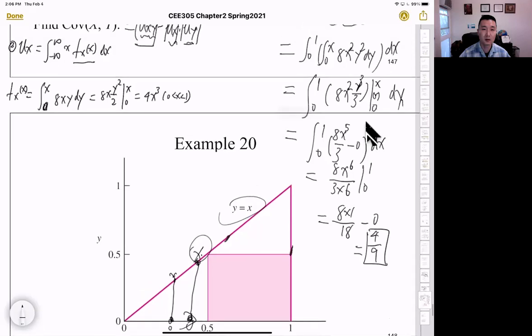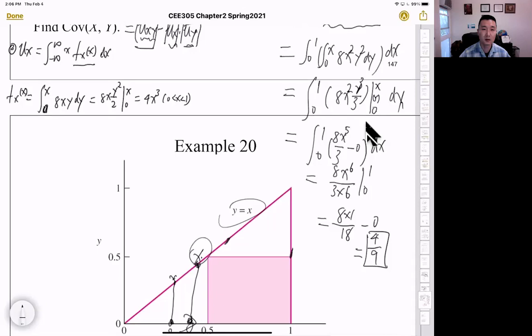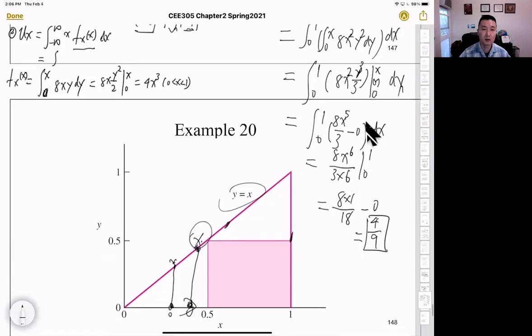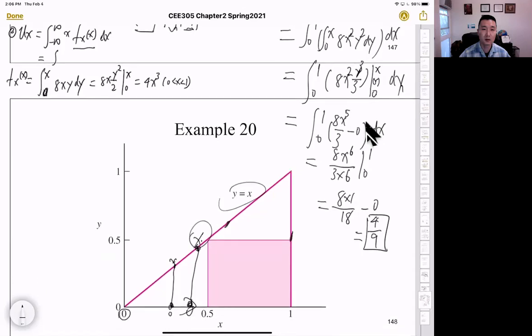All right. And then we can plug this marginal function into mu x. Okay. So for mu x here, the range for dx for x is between 0 to 1.